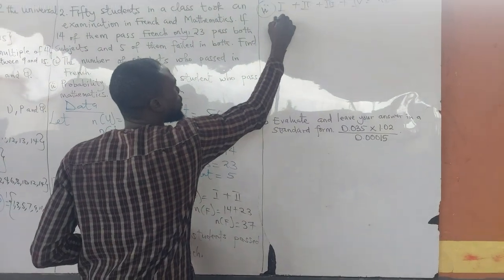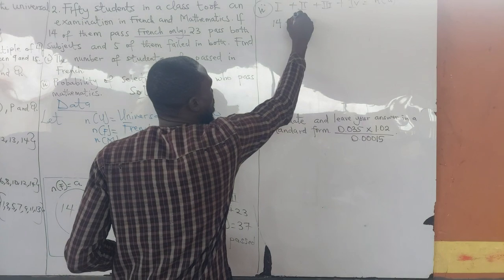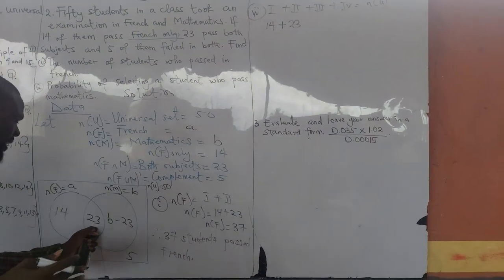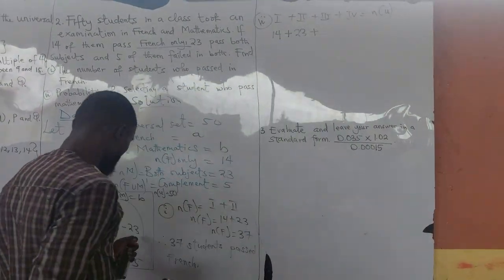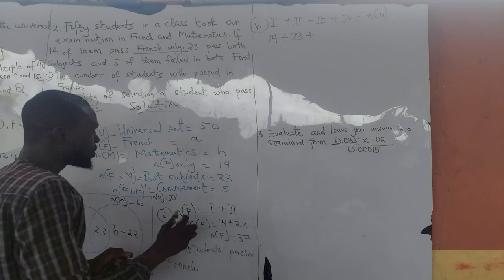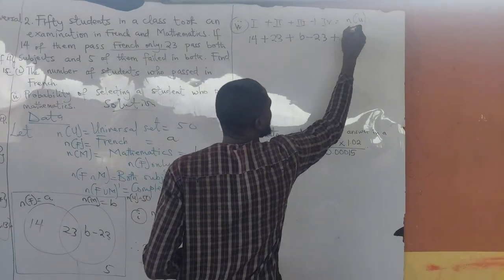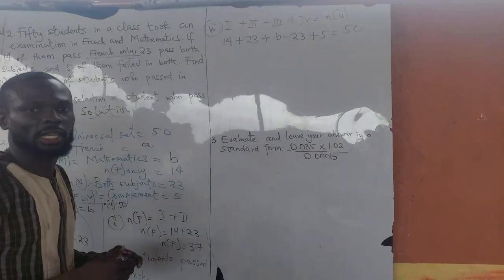So we are going to say 14 plus II, which is the only, the both region, this and this, intersection, plus III, which is B minus 23. So we have B minus 23 plus 5, which is the complement, is equal to the universal set.